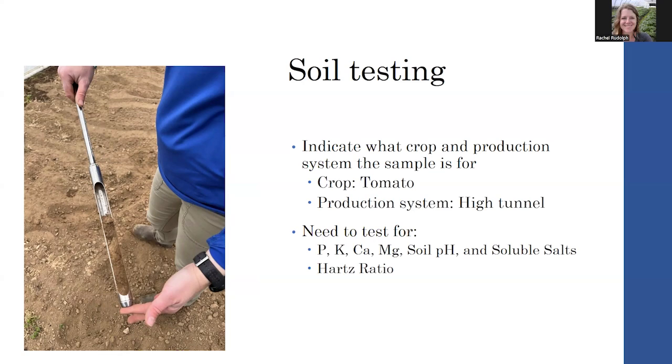And that helps tell both your county agent and me, the specialist, that this is what this is for. So when we look at the soil test results, we can provide the most accurate guidance. It's also going to help the lab give proper recommendations.